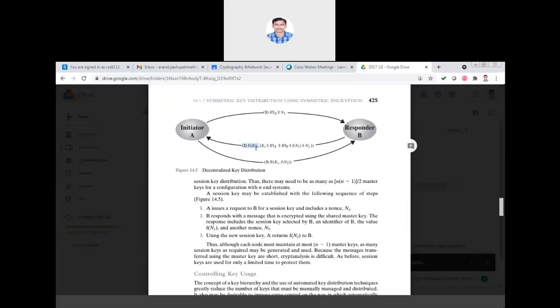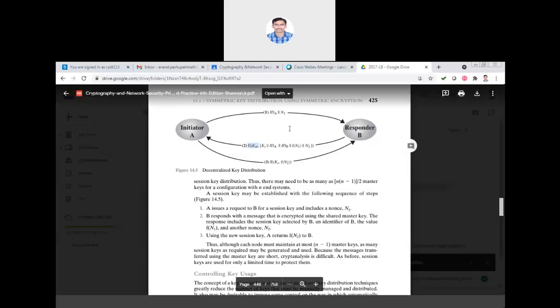So that master key concept is something new here, which was not there in the key distribution process. There we have something called a master key as well, but the master key has been maintained only between the trusted source and the person himself, using which a KDC is encrypting the message. But in this case, every two entities share a master key using which they try to share the session key.